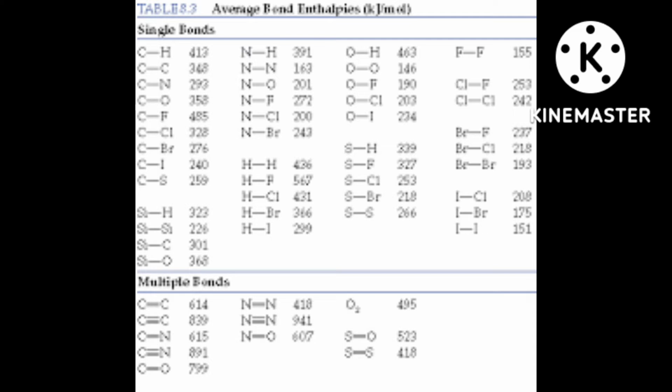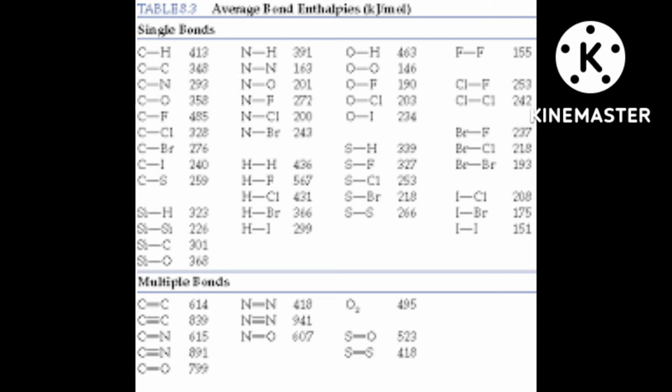Energy is required to break a bond, and energy is released when a bond is formed. Already I told you, when a bond forms or a molecule forms, then energy is released, the heat of formation or enthalpy of formation.